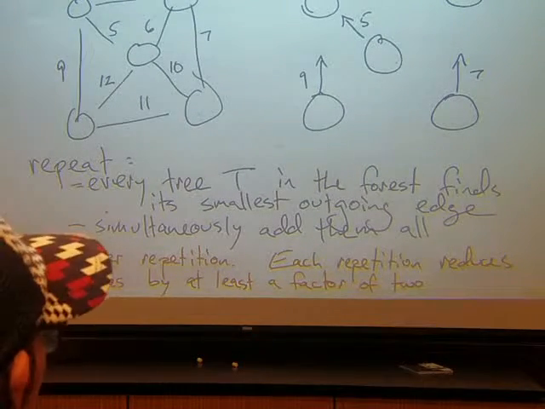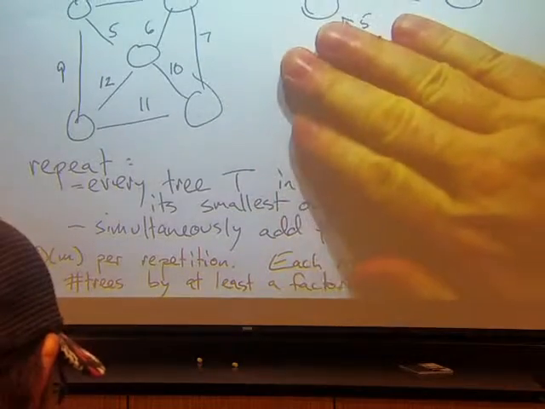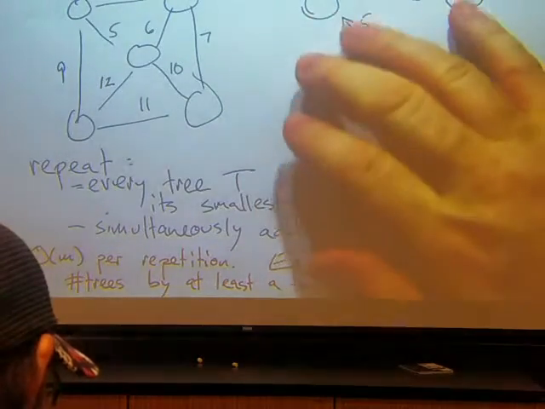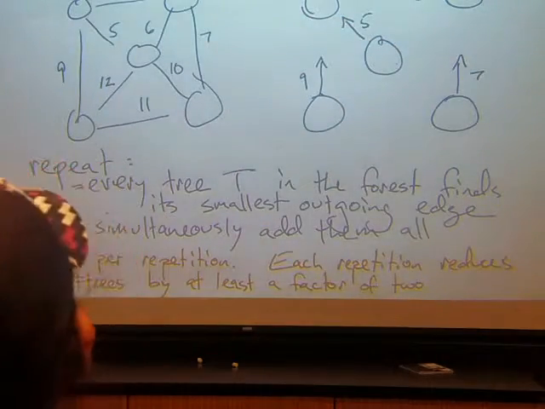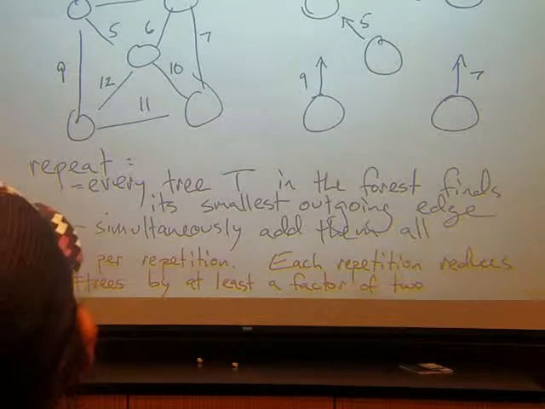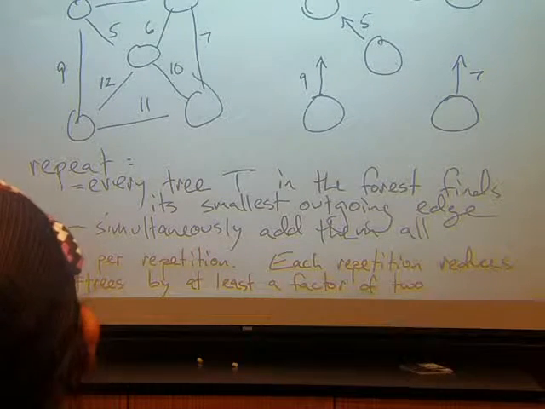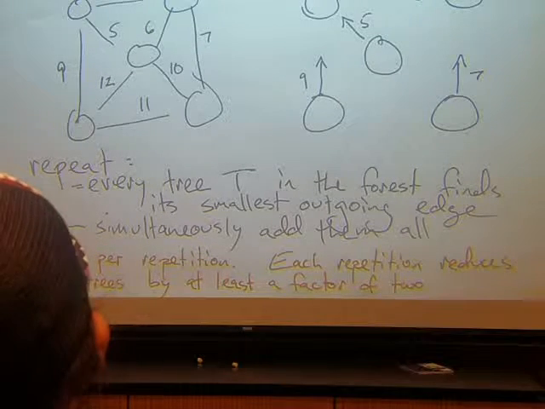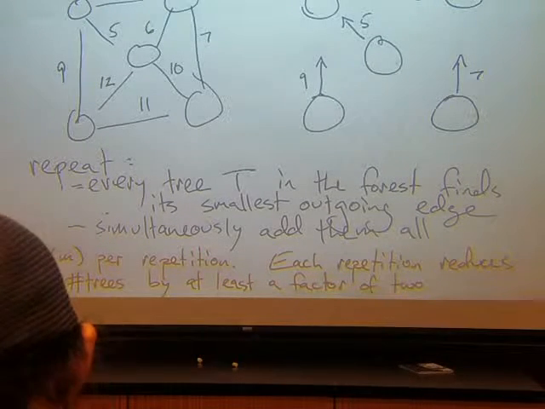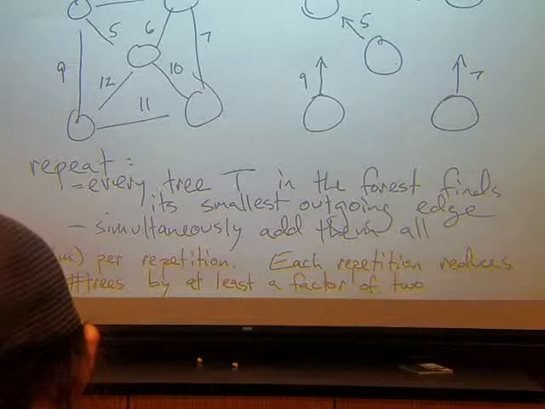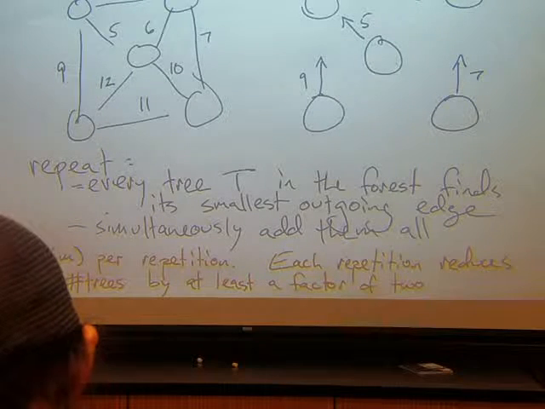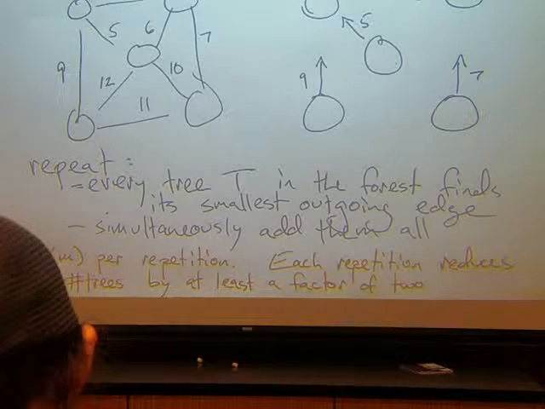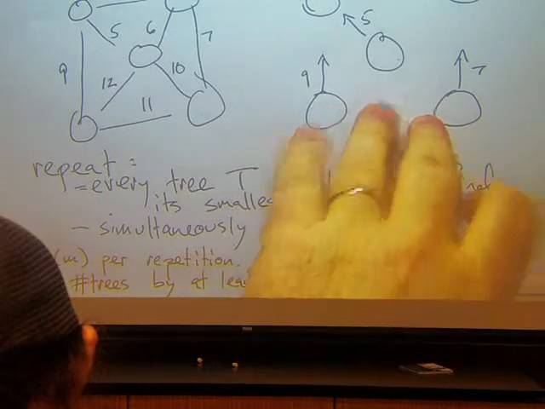Because the worst case happens when, if you look at just these two trees, they're both connecting to each other, and so we get two trees that are paired up with each other. Every tree gets part of a larger conglomerate of trees, but the worst case is when all of those conglomerates are two trees pairing up with each other. And we get half as many trees as we did before. So every time we do one of these repetitions, we reduce the number of trees by at least a factor of 2. Here we reduced it by a factor of 5.